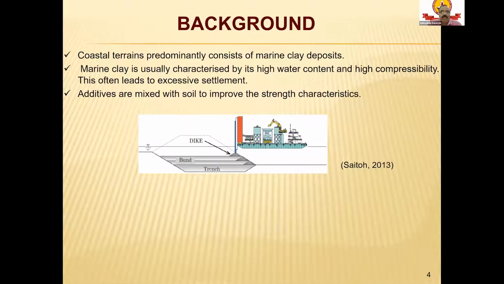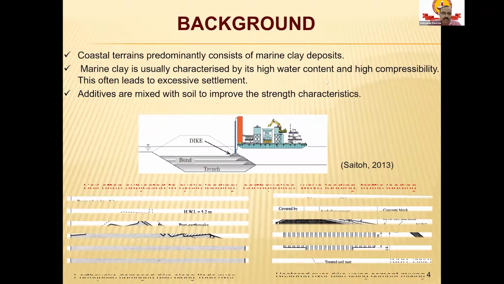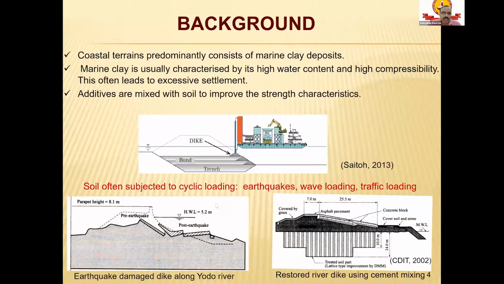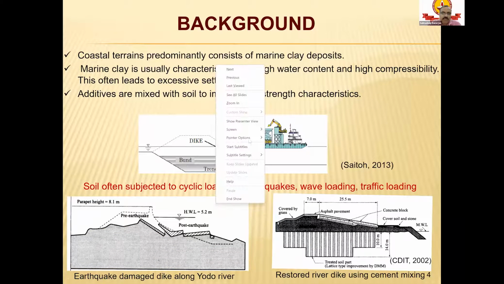Now, often we add a lot of additives to enhance the strength characteristics, right? Till about early 2000, there was an idea that if you improve the ground, particularly if you use cement treated ground, like the one I am showing here in the picture in Japan, it is very good.